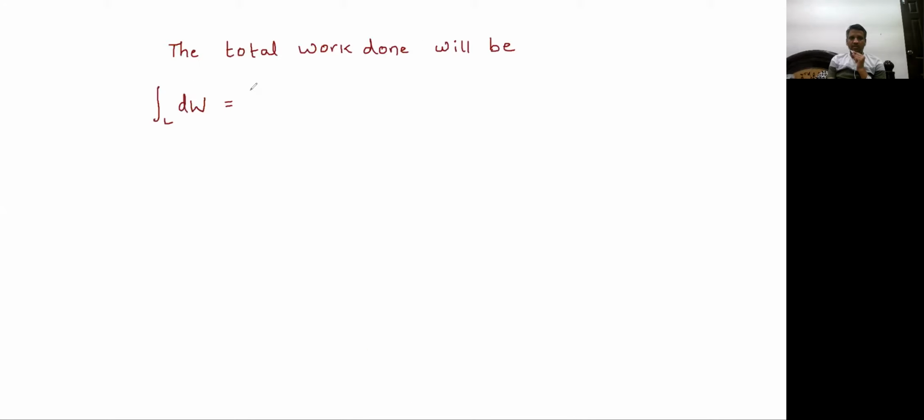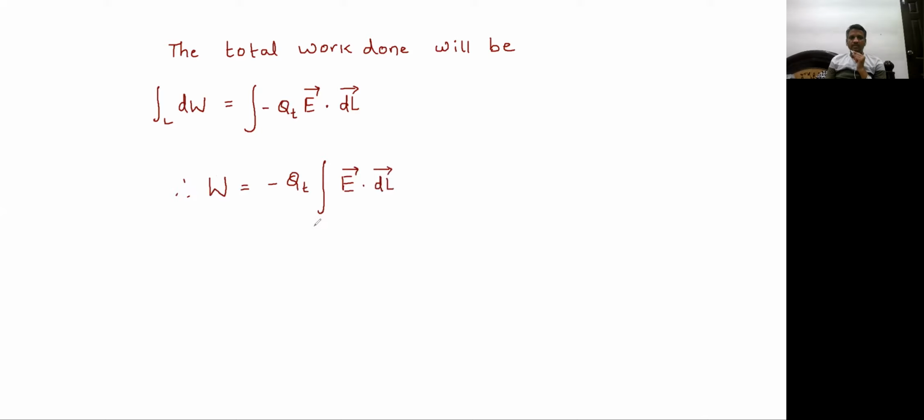Now minus qt into E vector dot dl vector, and minus qt is just a constant, we can bring that out, and therefore the total work done W will always be equal to minus qt, outside, line integral E vector dot dl vector.